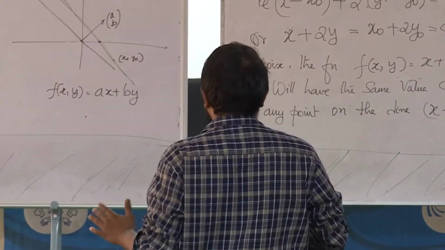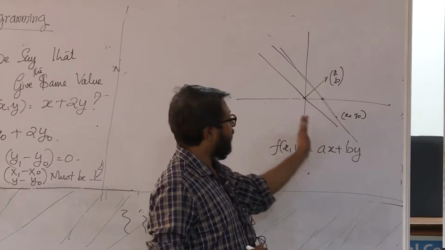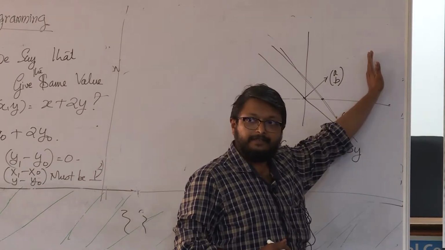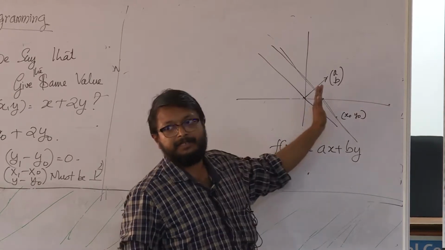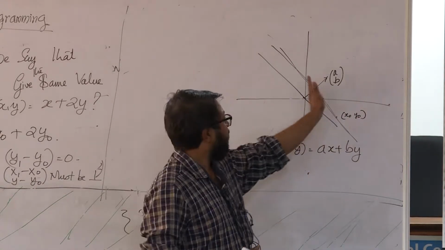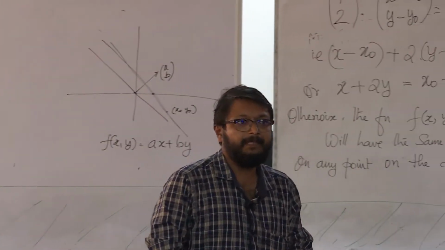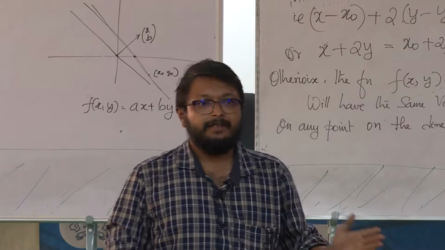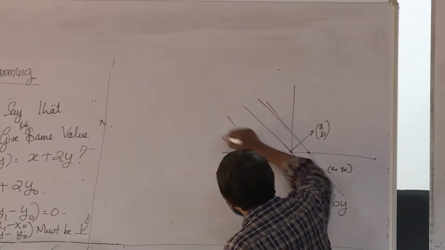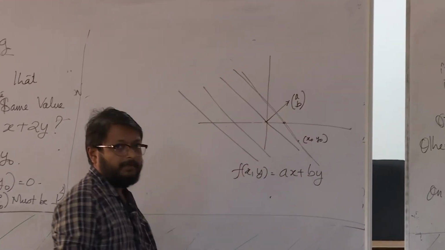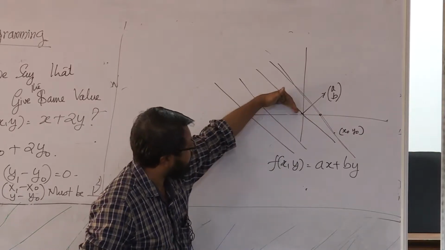Depending on the value of A x naught plus B y naught, when you go this way either the function continuously increases, and when you go the other way it continuously decreases, or it might be the other way round if A and B are negative; the picture will change, that is all. If I draw lines parallel to this, on the left side all points will have the same value, but that would be less than this.